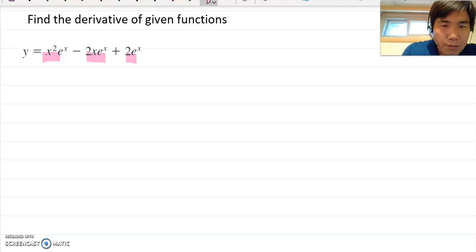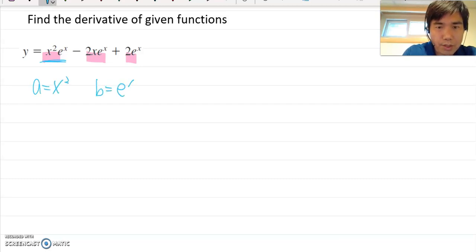Okay, so in order to do so, we need to look at each term and then try to take the derivative. So this one shows x squared times e to the x. So we need to do the product rule, right? So a equals x squared and b equals e to the x.